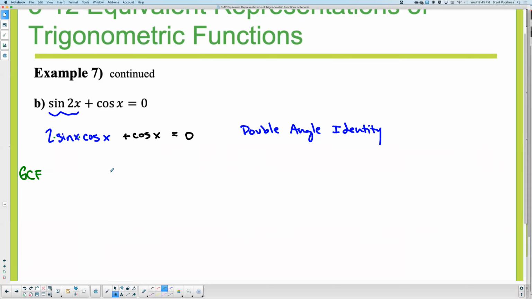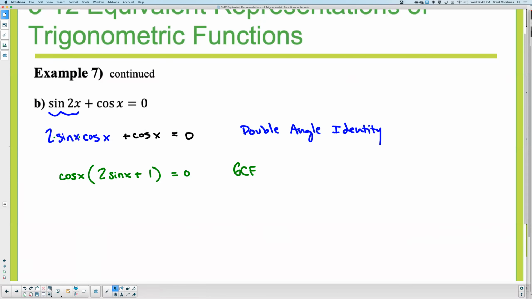You divide out what's common. What do they both share? They both have a cosine. So if I divide out a cosine from the front end, don't you have to do the same to the other side? No, because GCF is the opposite of distribution. Everything in math has its opposite. This is undistribution. What's cosine divided by cosine? 1. That was the greatest common factor.